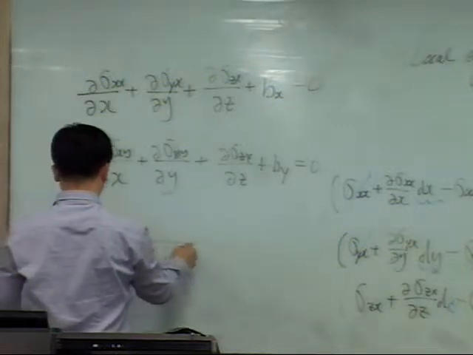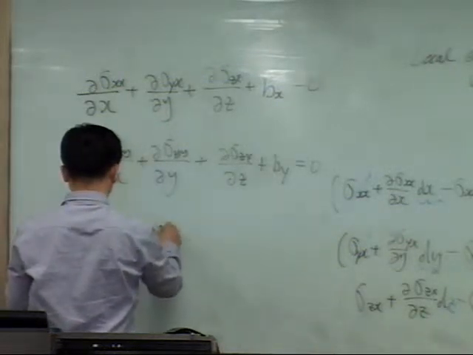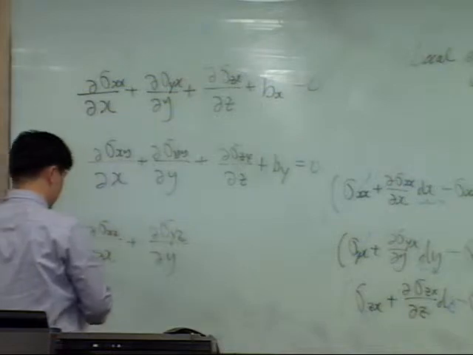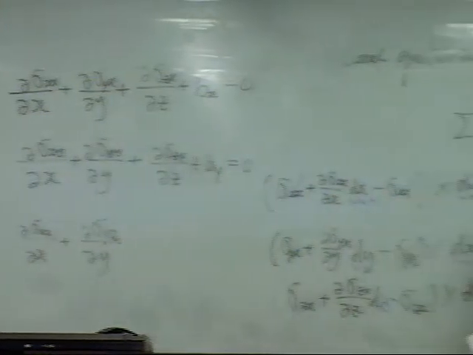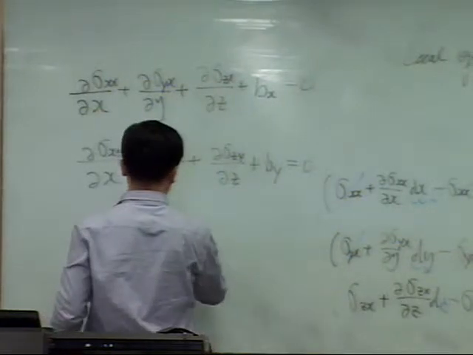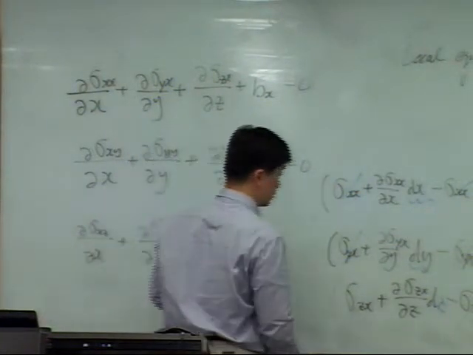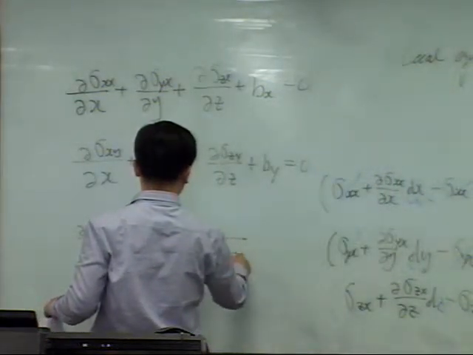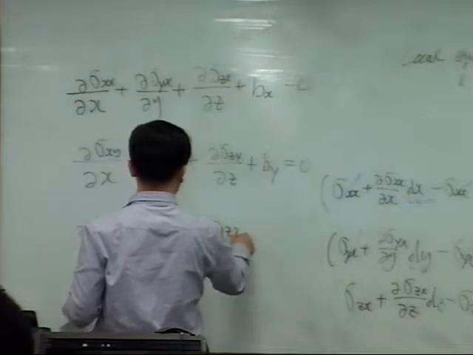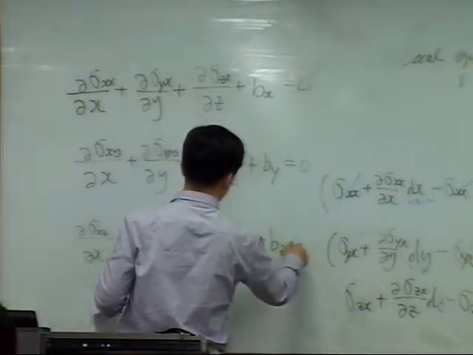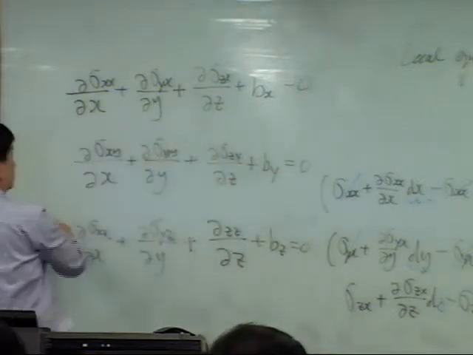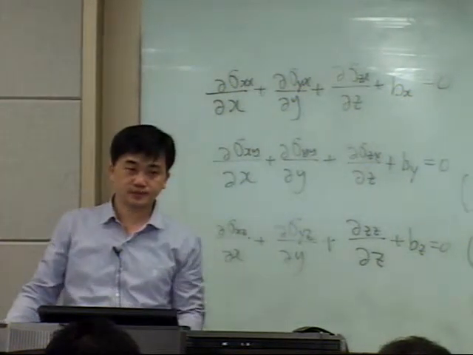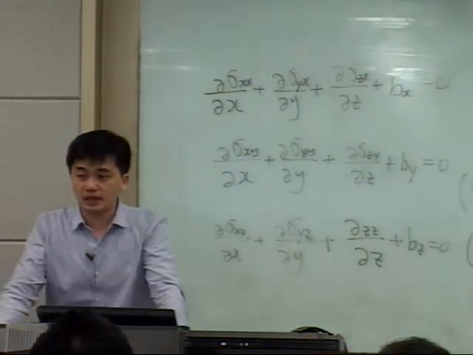For z: partial xz, partial yz, plus partial zz plus Bz equals 0. So these are the local equilibrium equations in x, y and z direction.